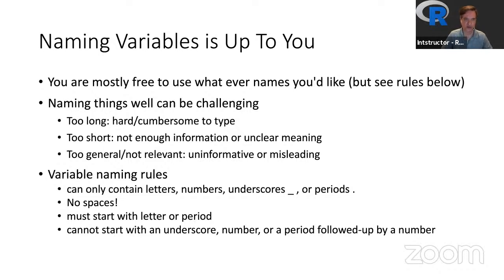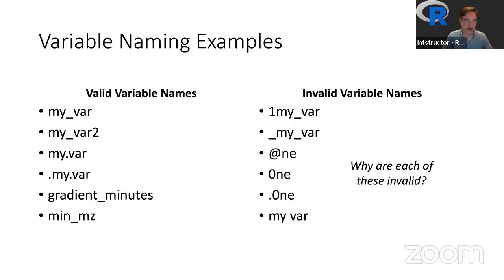There are some rules here. I outline these here, so they can only be letters, numbers, underscores, or periods. You can't put spaces in them, for example. So everything has to be mashed together. And there's some other things about not starting with a period or an underscore. Here are some examples. We don't need to go through all of these.